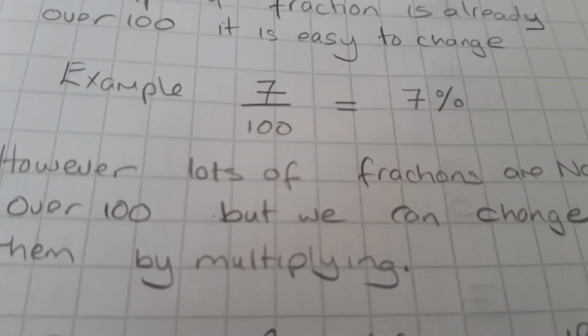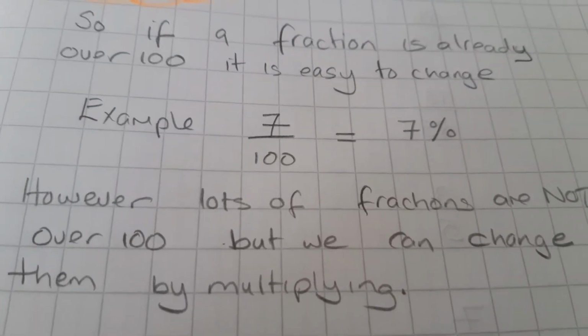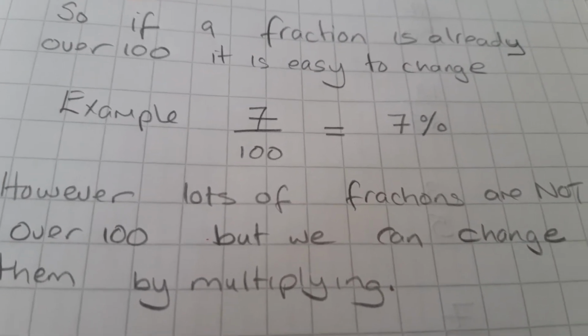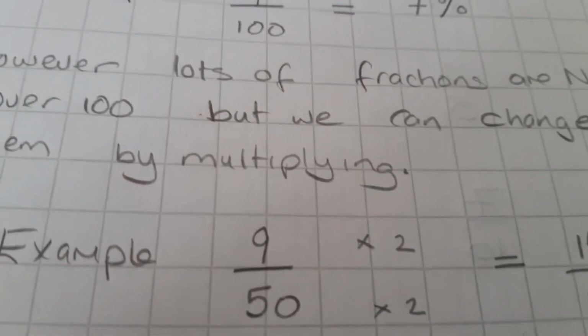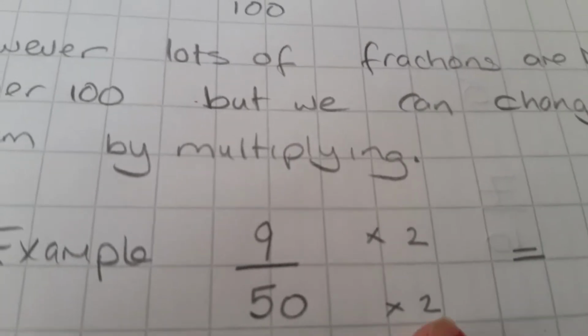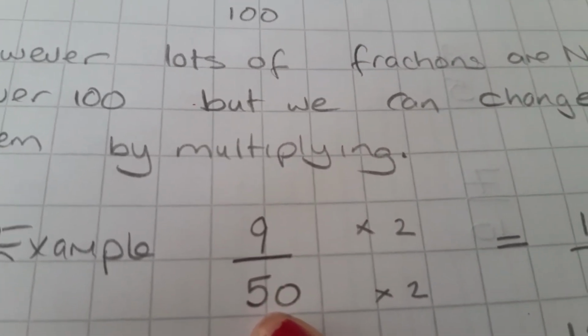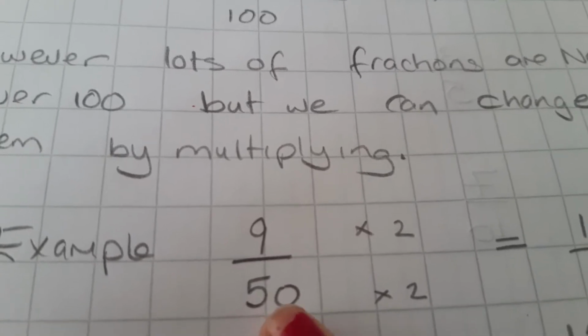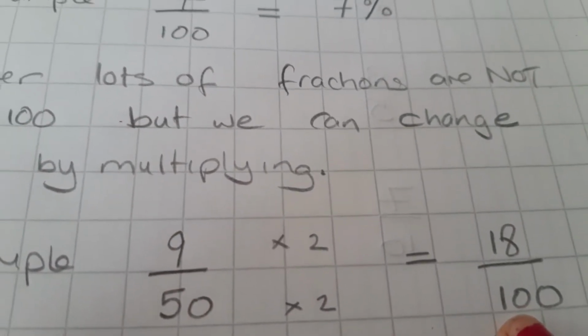However, lots of fractions are not over 100, and we can still change them by multiplying to make what are called equivalent fractions. So we want to multiply the fractions so that the bottom number is 100. At the minute, this one, 9 over 50, is not 100, but if we say 50 times 2, we make it 100.